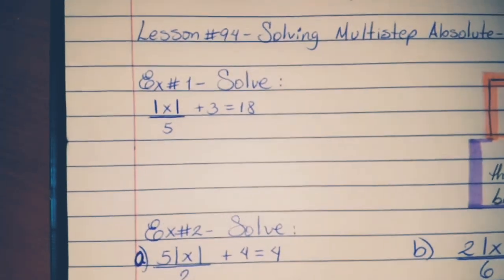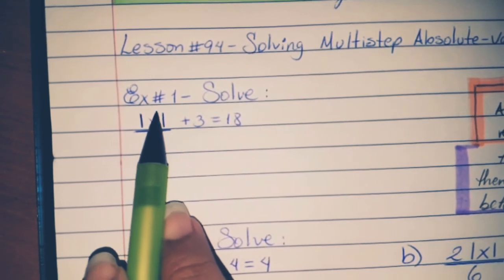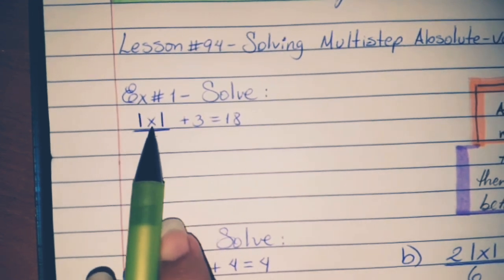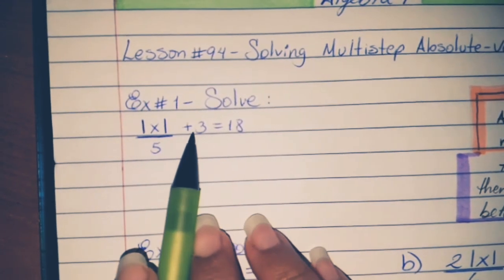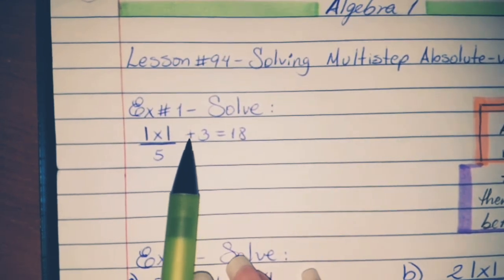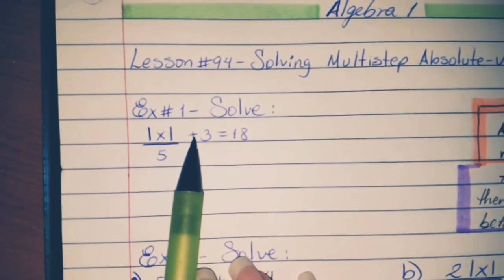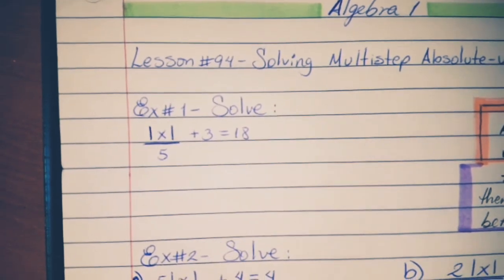It says solve, of course, for the variable. The idea is to isolate the part where we have the variable with the absolute value. So that means I'm going to get rid of the 3 using inverse operation. Here we have an addition. Inverse operation of addition is subtraction.